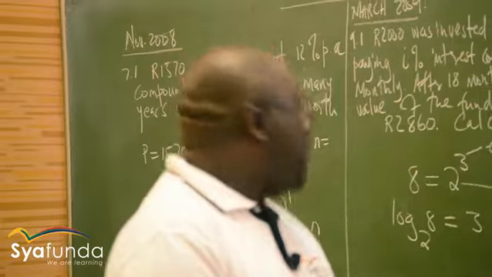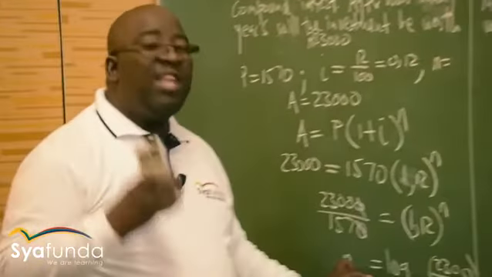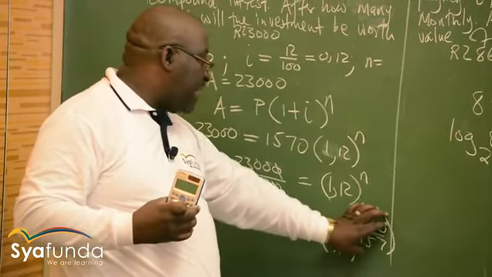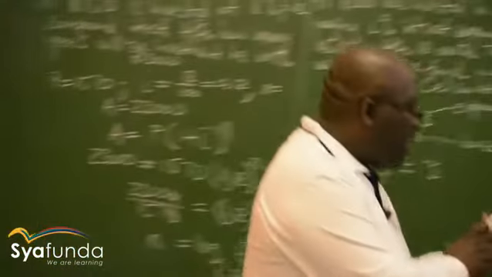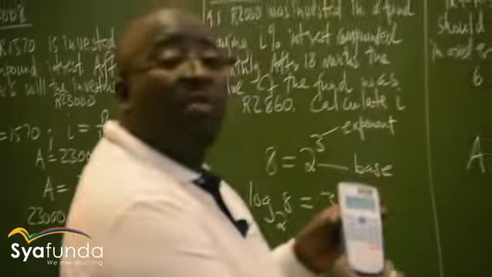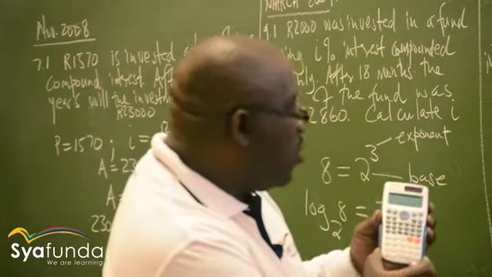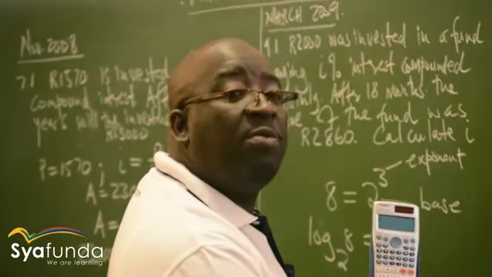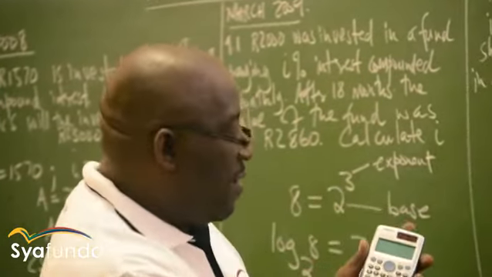Remember, in your calculator, you will have a part that deals with logs that has brackets there and brackets here. There are two buttons that deal with log: the one that gives you the option of a base and the one that does not.